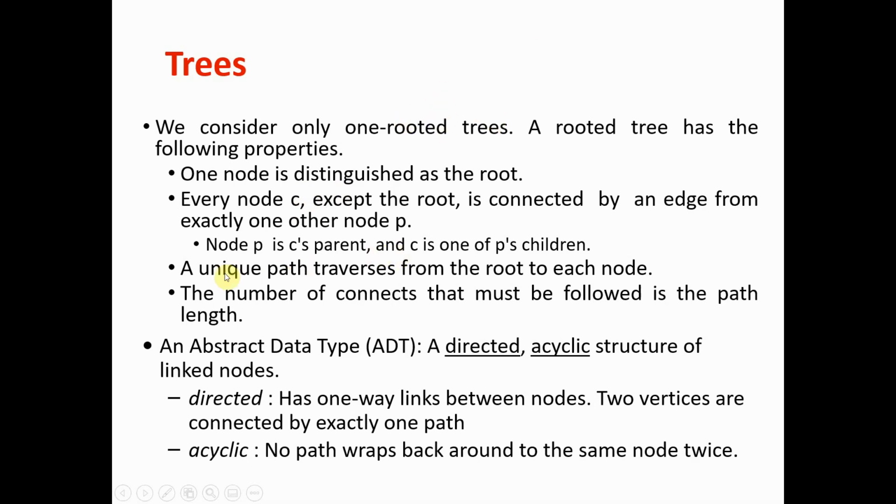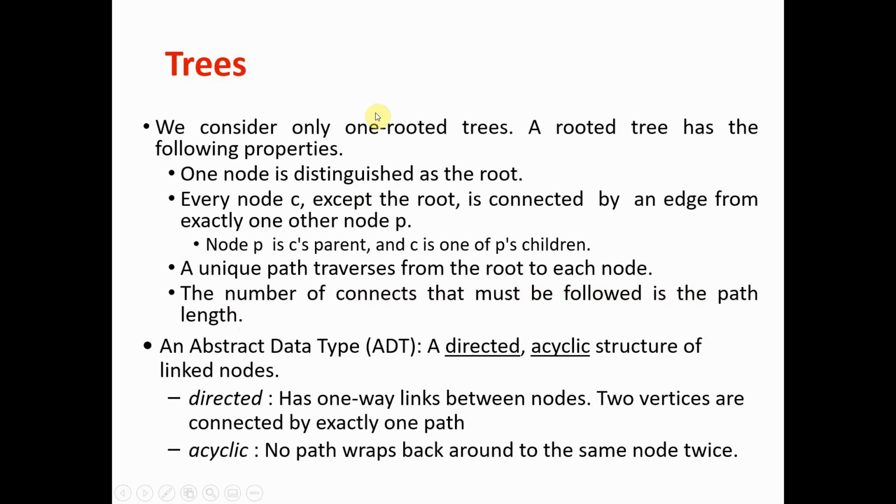A unique path traverses from the root to each node. This is a very important property. There should be a path from the root of the tree to every other node in the tree. The number of edges or connections that must be followed is the path length.